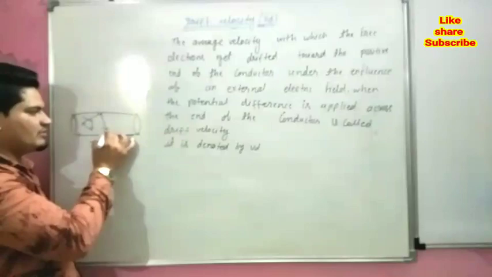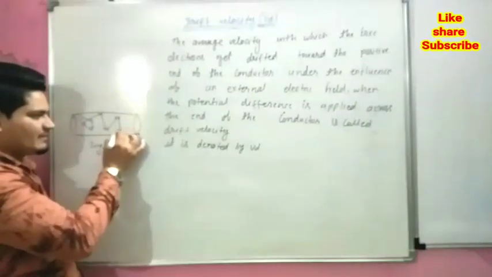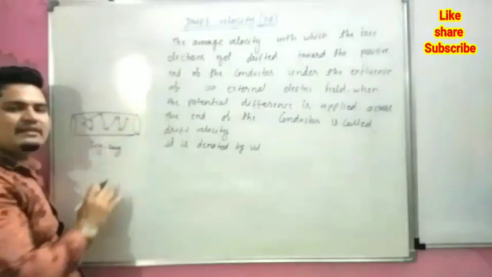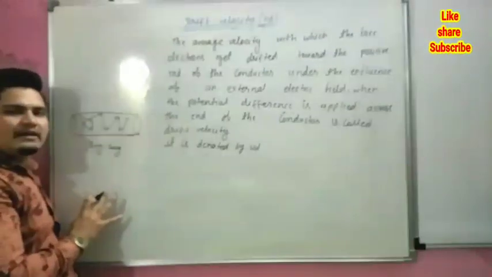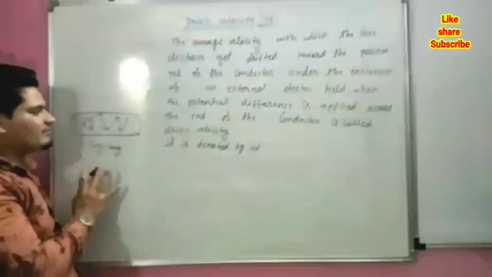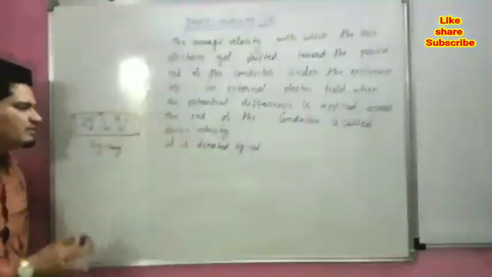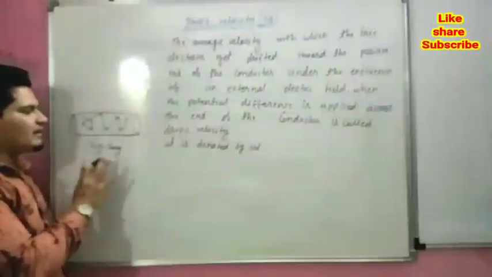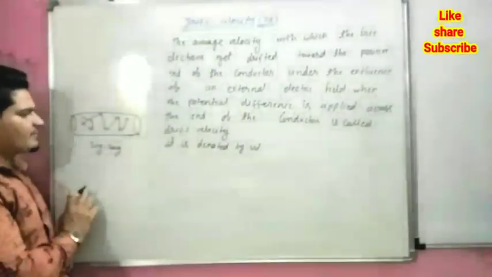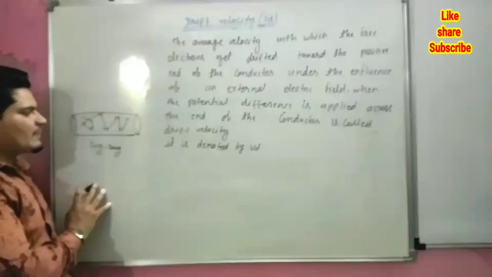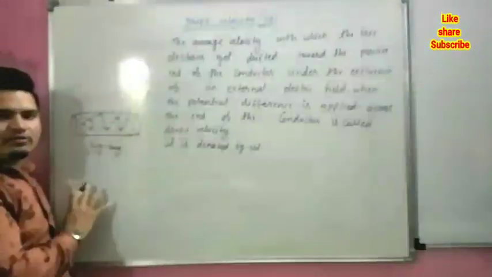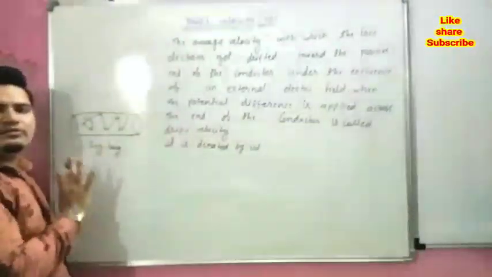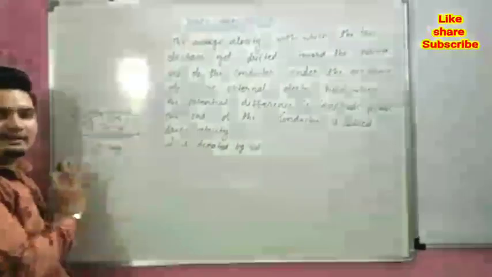This is the random motion of electrons inside the conductor. There are millions of electrons present inside the conductor.